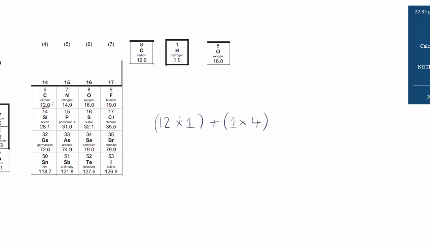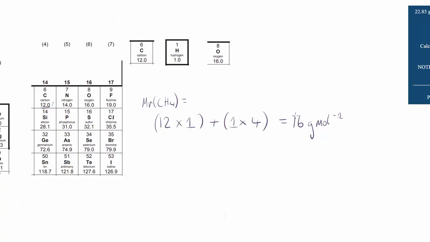So this would be the MR for CH4, and then we work this out, and if you do that, you should find out you get 16, right? And the units of this is going to be grams per mole.